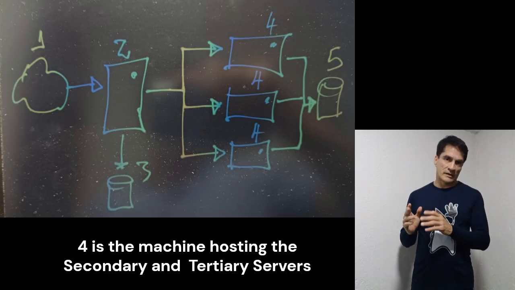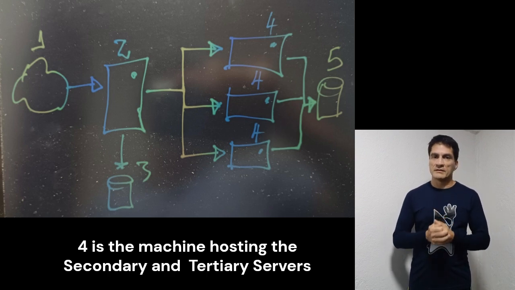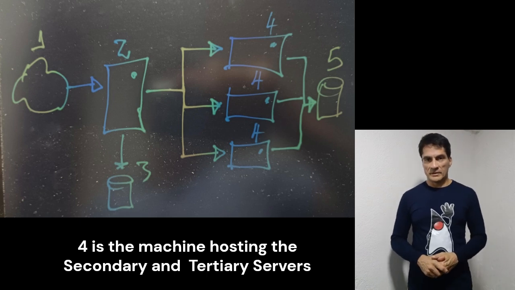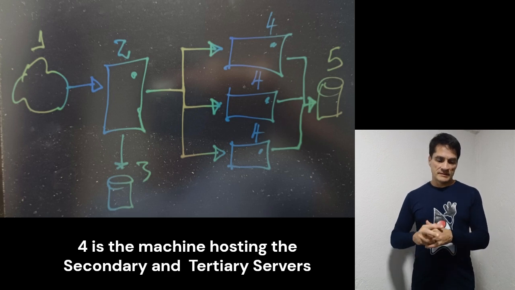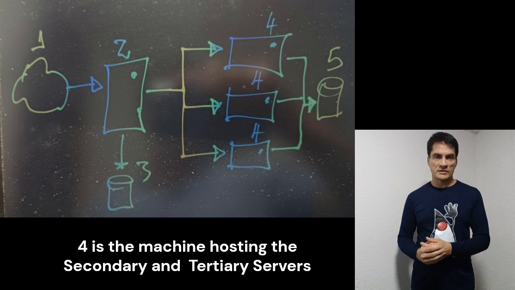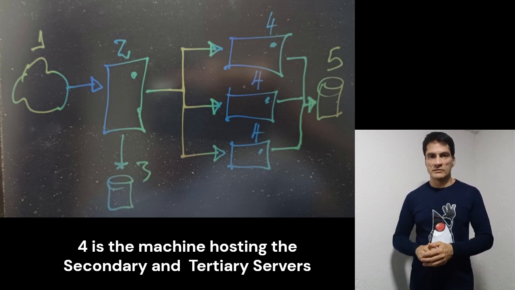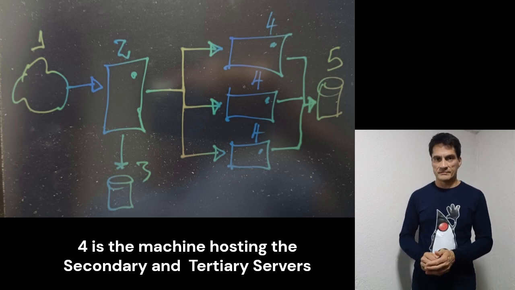Later, you have the secondary server, which is a Tomcat hosting the Node Management API. And in the same machine, you have the tertiary server, which is a Tomcat running the users.wars, that is, the web archives.